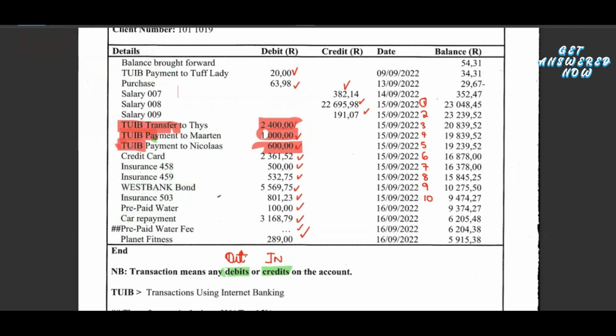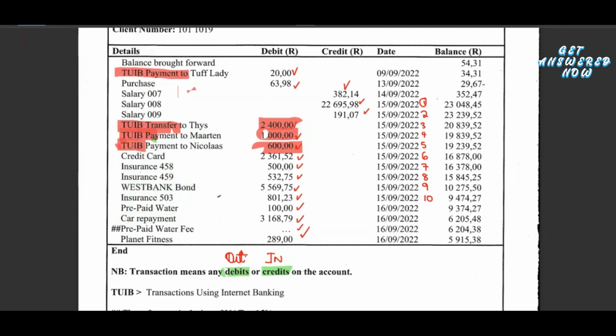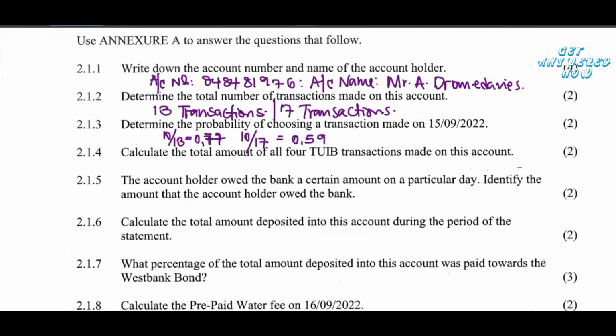And this one is there also. So we are going to add the 20 rand plus 2,400 plus 1,000 plus 600. And this is 4,020 rand.